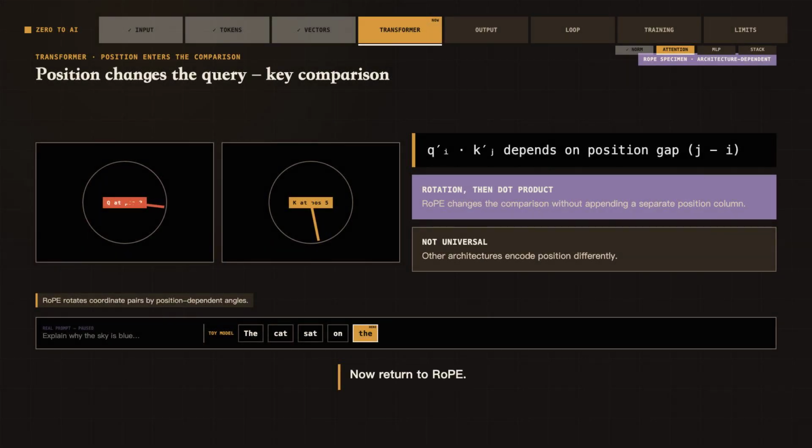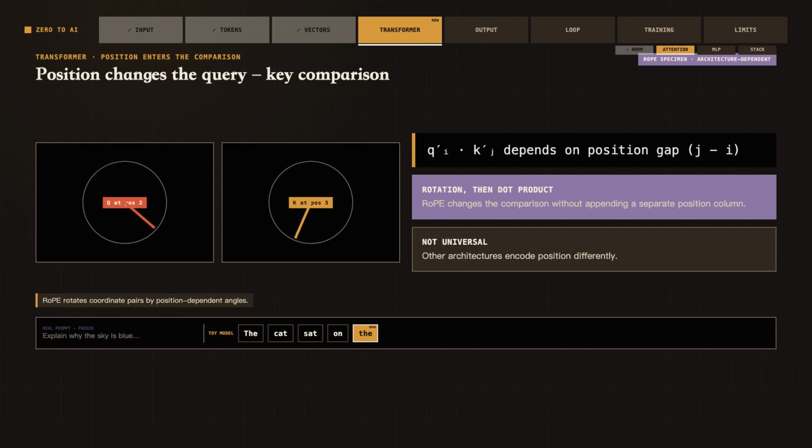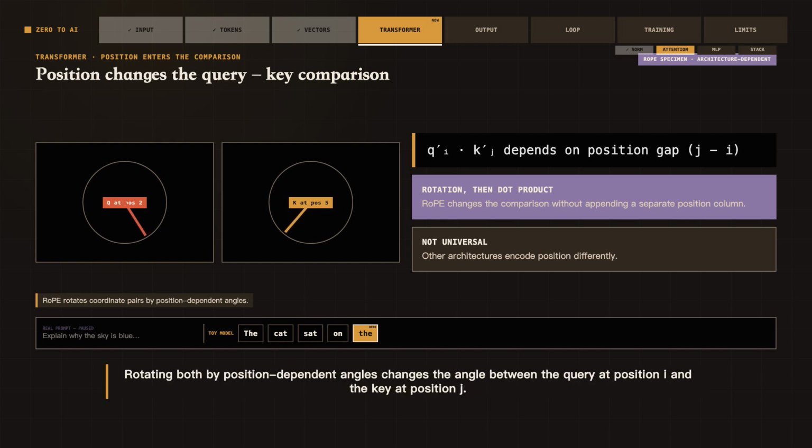Now, return to RoPE. Before the query key dot products, RoPE rotates paired coordinates in queries and keys according to their positions. Imagine two-dimensional arrows. Rotating both by position-dependent angles changes the angle between the query at position i and the key at position j.